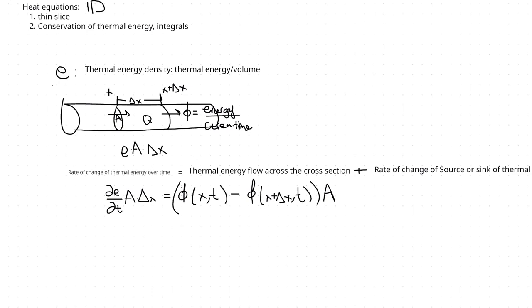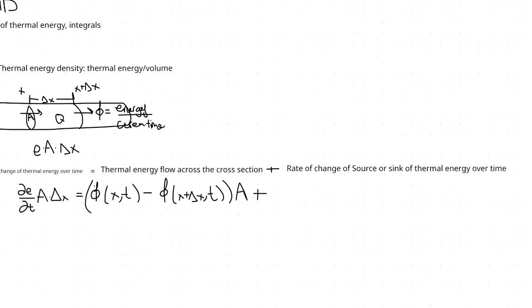And similarly, the rate of change of source or sink of thermal energy over time, we'll just call it a variable Q, which we'll say is the thermal energy density, energy over volume, per unit time, so that the rate of change of the source or sink of thermal energy over time is Q times A times change in X.